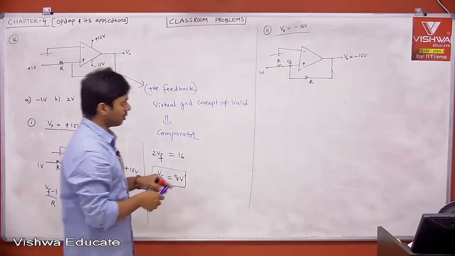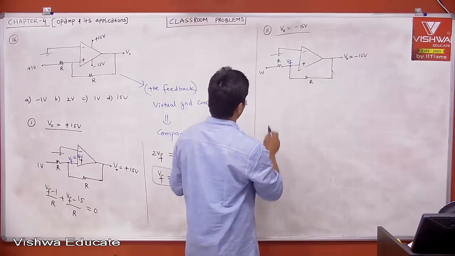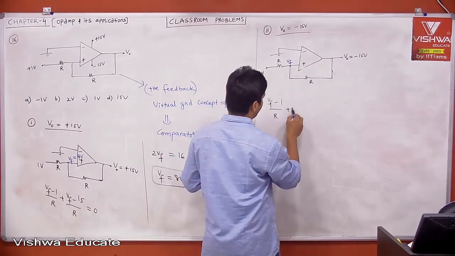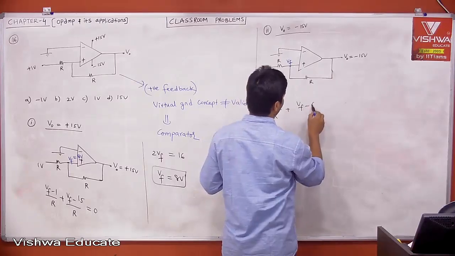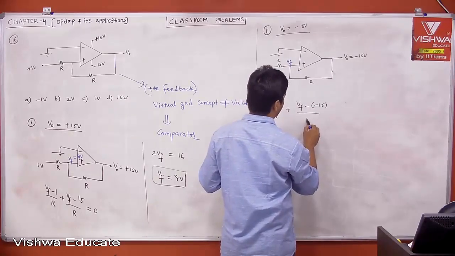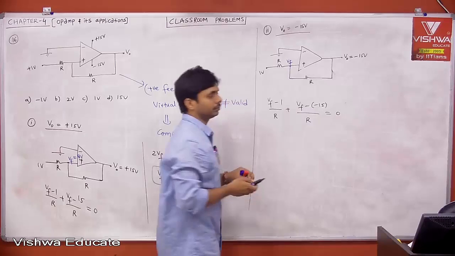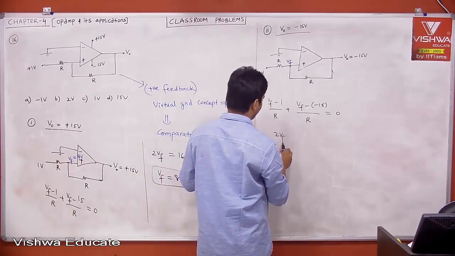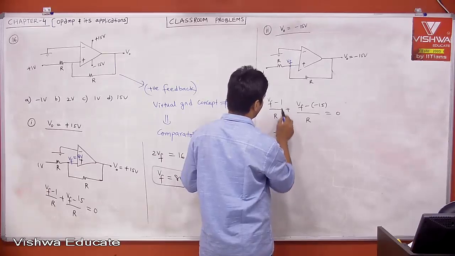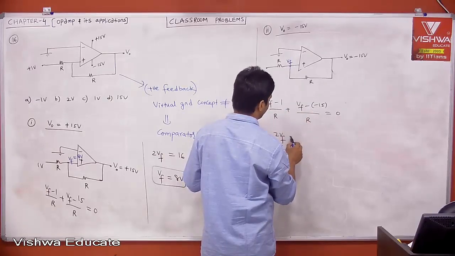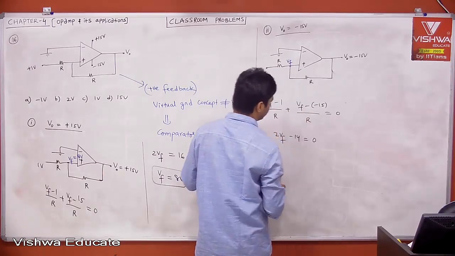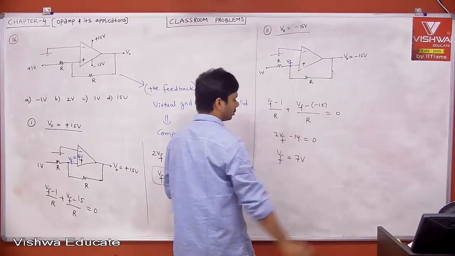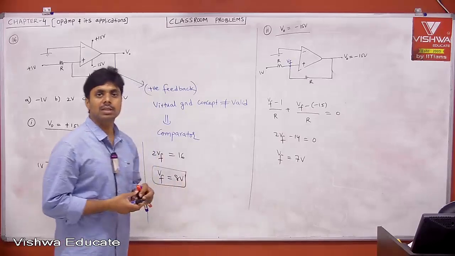right? Therefore now tell me, if you solve, what you will get? Vf minus 1 divided by R plus Vf minus of minus 15 divided by R is equal to 0. R will be cancelled. 2Vf, and minus 1 plus 15 is 14, equal to 0. Then Vf is equal to 7 volt.